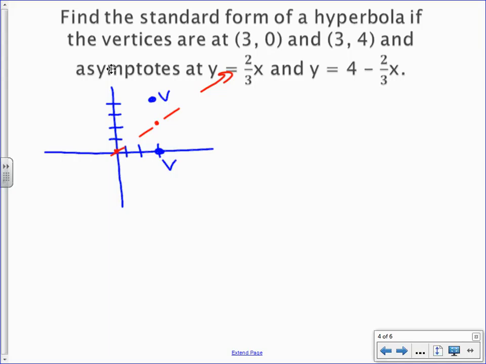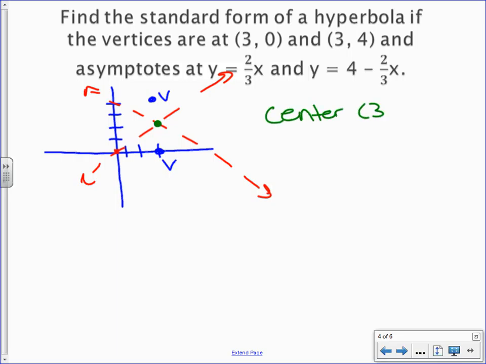And then 4 minus 2/3 x. Looks like that, right? Okay. So someone from pod 1, tell me something that we can take away from this picture. The center is at (3, 2).